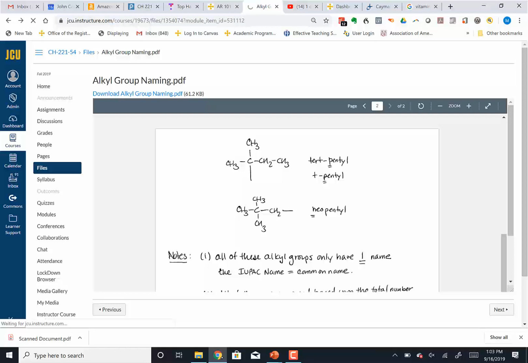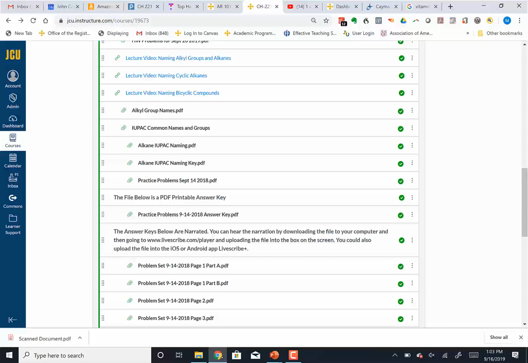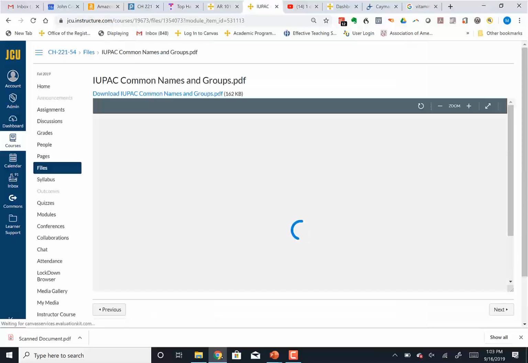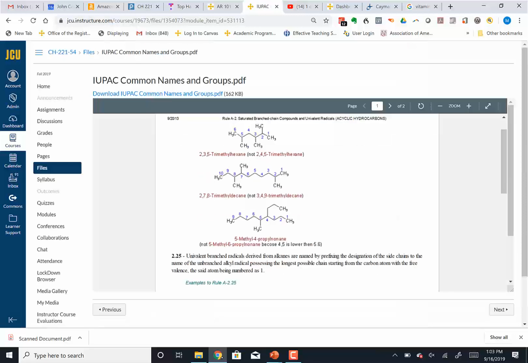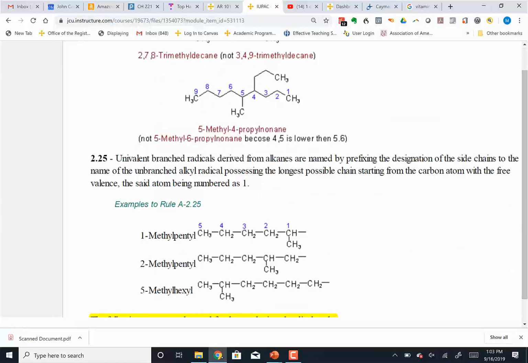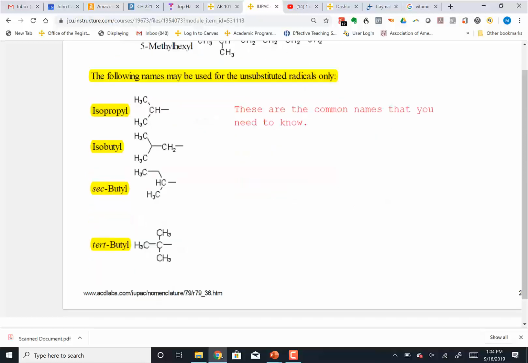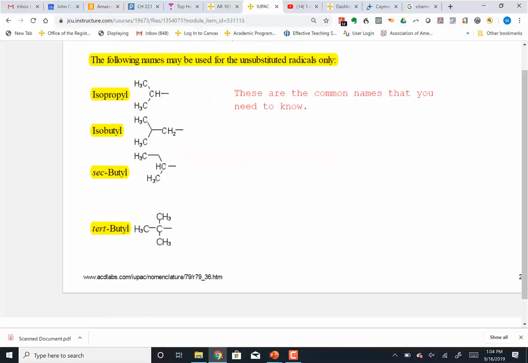Now, there was a time a few years ago when there were common names and there were IUPAC names, and IUPAC had their own names, which are the ones in parentheses. But the one below that, IUPAC common names and groups, has the actual pages from what's called the Blue Book of IUPAC that tells you how to name organic compounds, and they use different terminology because they're IUPAC.